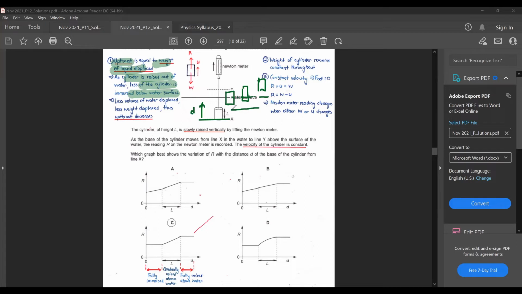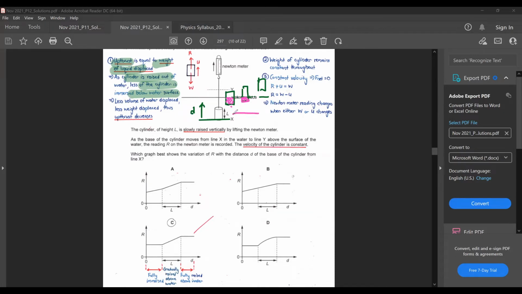So if you're talking about the volume of liquid displaced, this one will be the volume. This one, less volume. You see, there's less volume of liquid displaced, there's less weight of liquid displaced also.